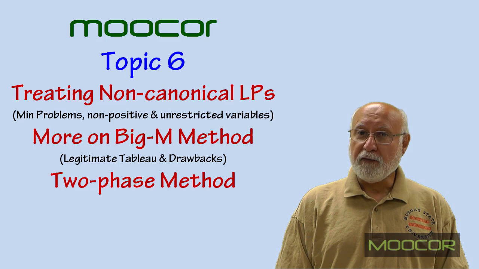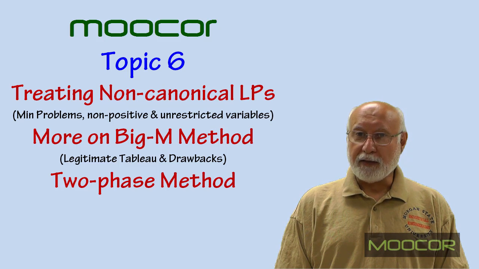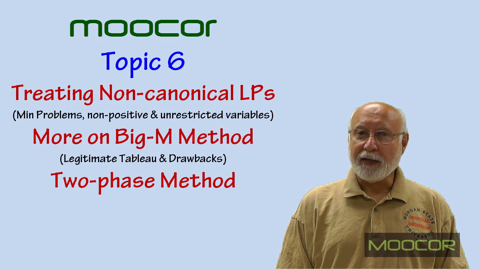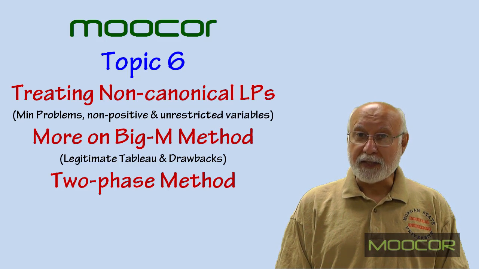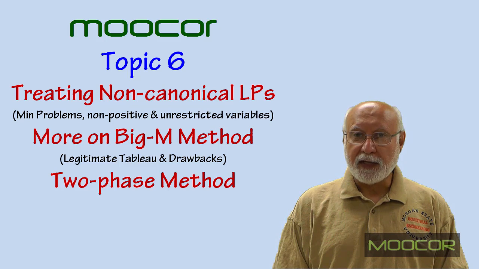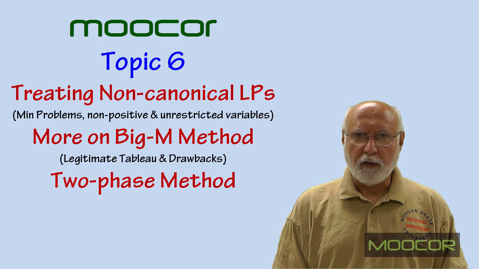In topic 4, we discussed the regular Simplex method in canonical form. We introduced the canonical form as a maximization problem with all constraints in the form of less than or equal sign and all variables to be non-negative, all of them greater than or equal to 0.